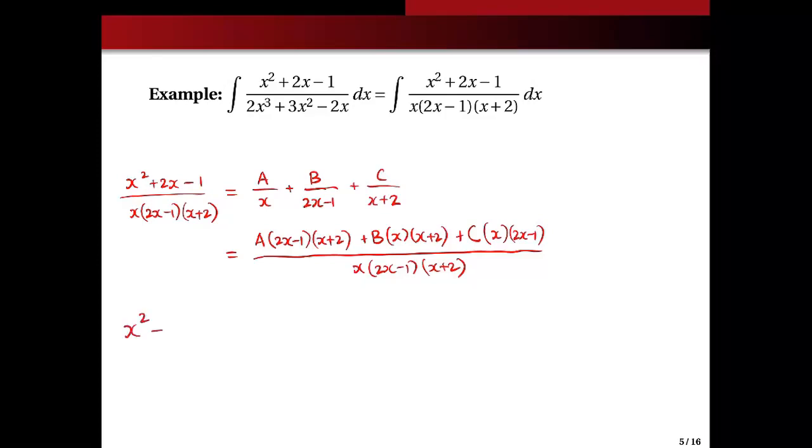So you will have x squared plus 2x minus 1 must be equal to A times 2x minus 1, x plus 2, plus B times x plus 2, plus C times x times 2x minus 1.